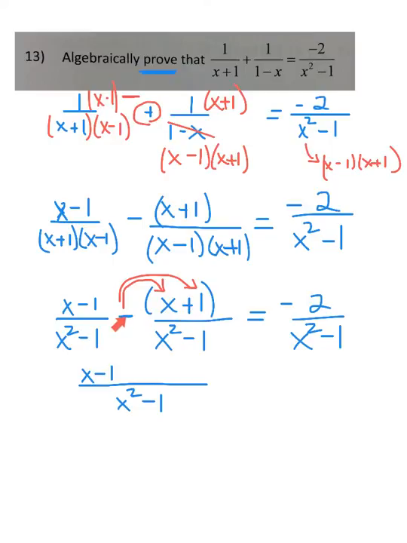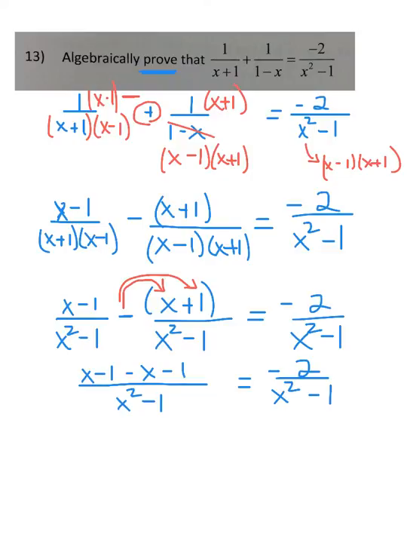So this negative, or this minus, times x will give me minus x, and then minus 1. Okay. So minus x minus 1. And then I'm going to keep the other side as it originally was, because when we're doing an algebraic proof, you don't manipulate one side of the equal sign.